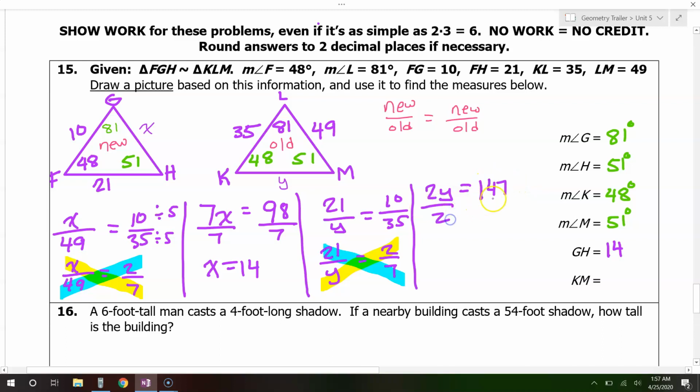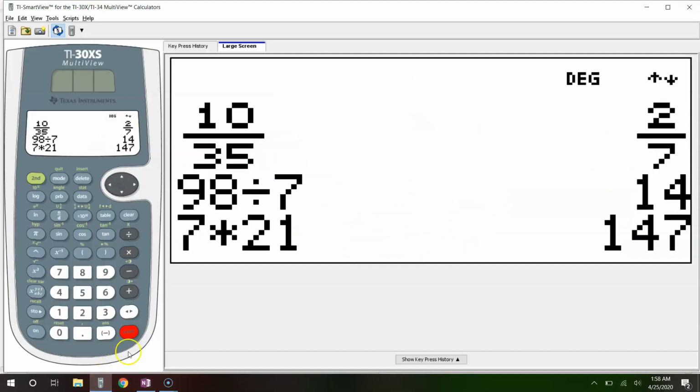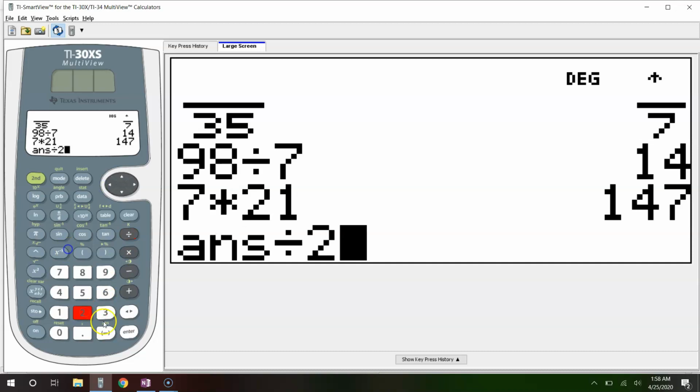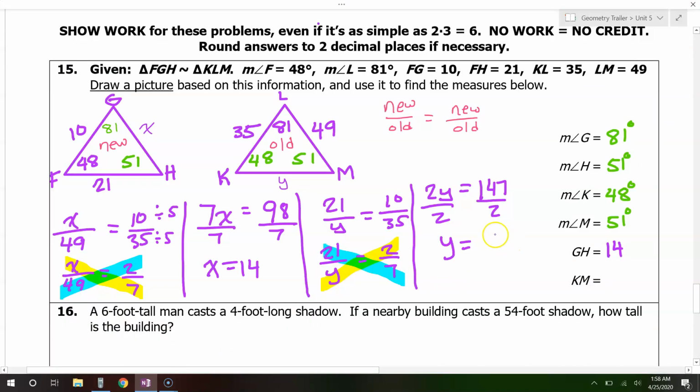All right, and then you divide both sides by 2. 73.5. Okay, so that was KM.